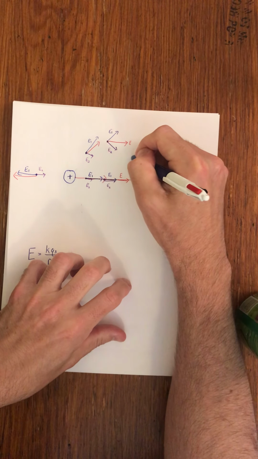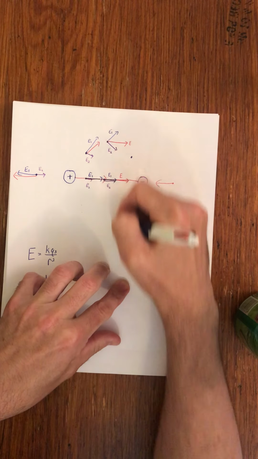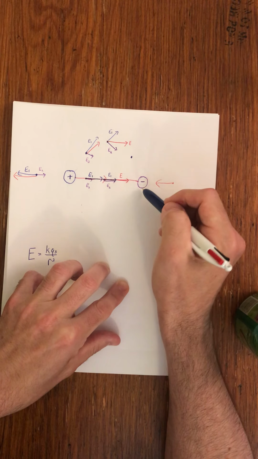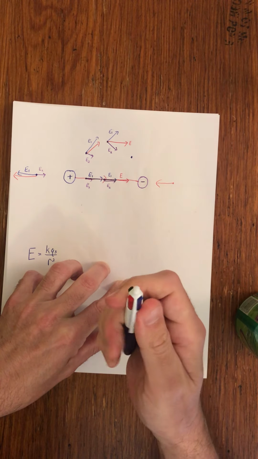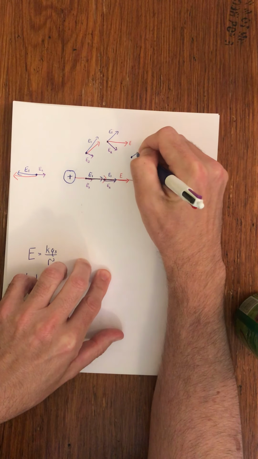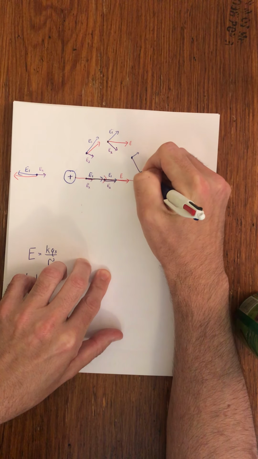All right, let's do one more, and then from there we're going to extrapolate the rest of the picture. I'm going to pick a point that is kind of the mirror of this about the line of symmetry. So it's as close to Q2 as this one was to Q1. If I look at this, the E1 vector is going to be smaller but radially outward, and E2 is going to be larger but radially inward.